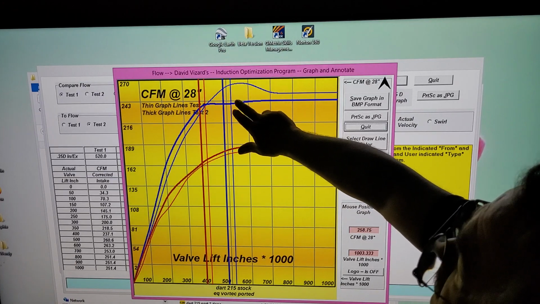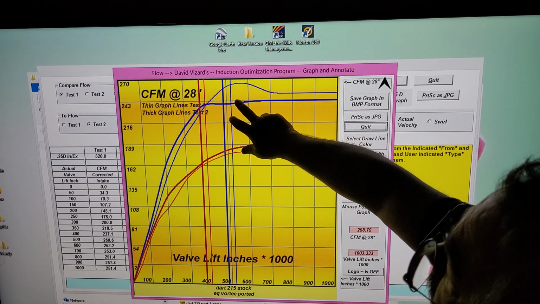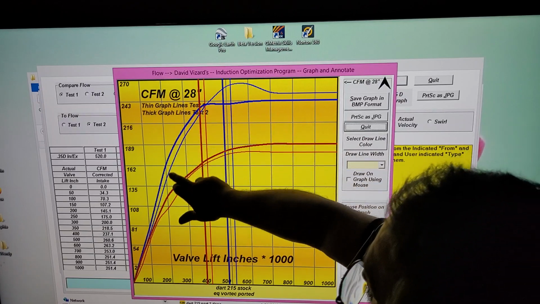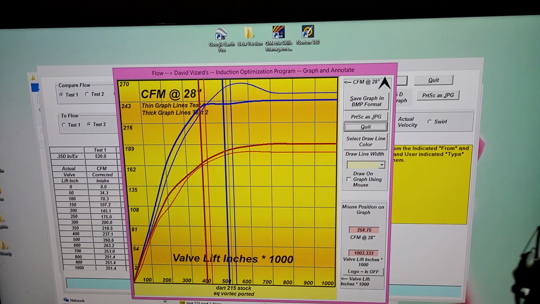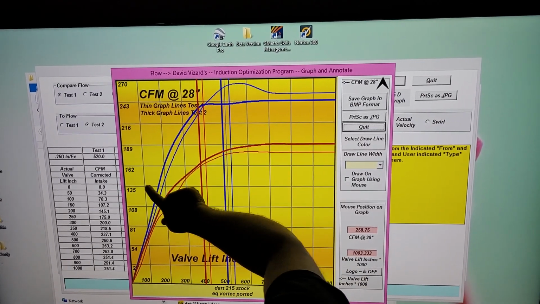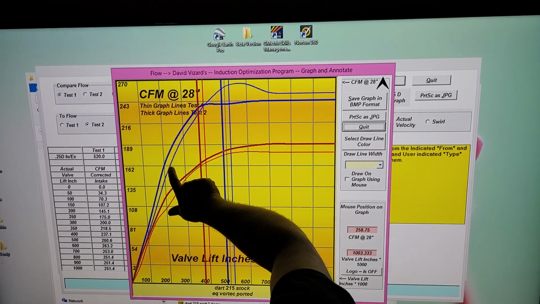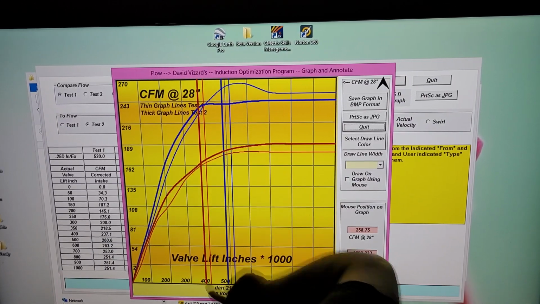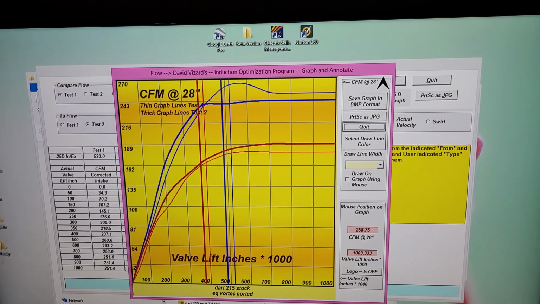Okay, the 215s definitely have me by a few CFM. No doubt. But take a look at the rest of this curve. The Vortec have a nice lead as far as CFM. I mean, if you go at this point right here, it's from 162 on the 215 to how much?